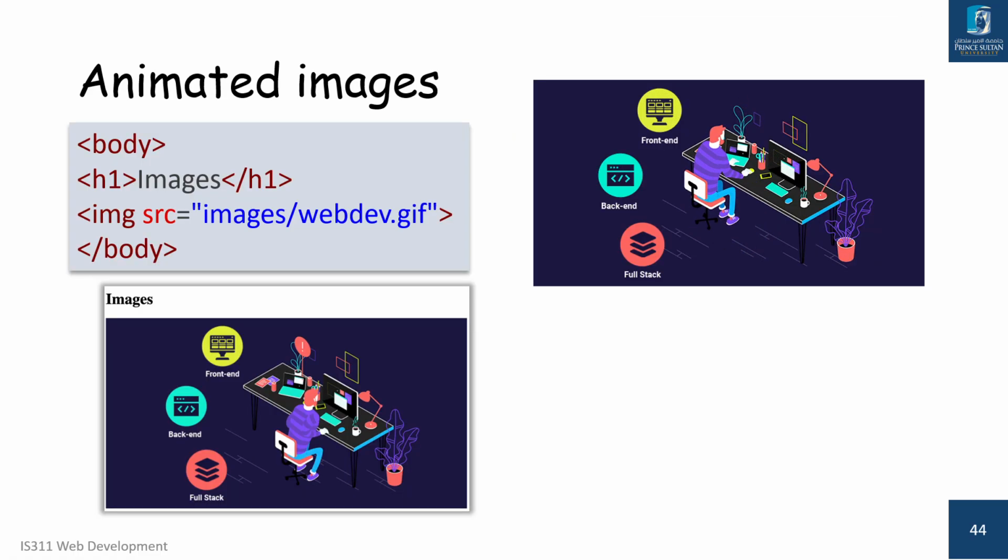We can get the animated images from the internet, which are freely available, or we can create them ourselves. But when we want to put one in our page, it is a very simple image tag, and then the resource is a GIF, which is an animated image, rather than a PNG or a JPG. Okay, so when it is displayed on the page, it automatically does that animation for us.